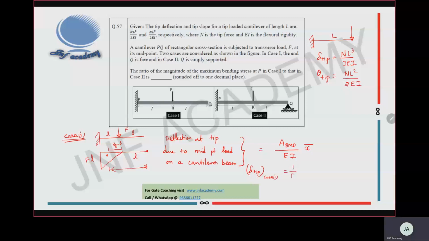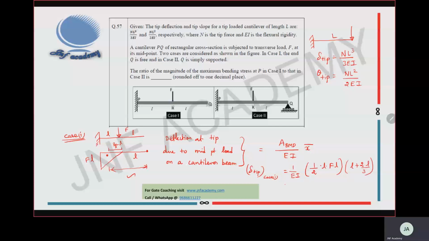Now let us find the tip deflection of case 1, which is equal to the area of the bending moment diagram, half into L into FL. Then the distance we need to use is L plus 2L by 3.